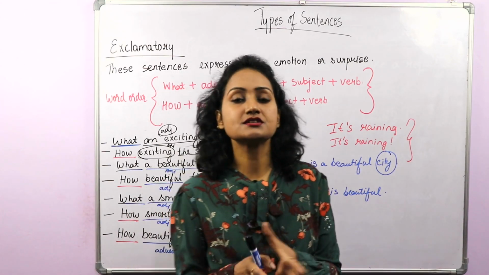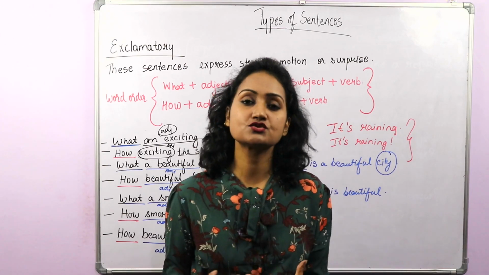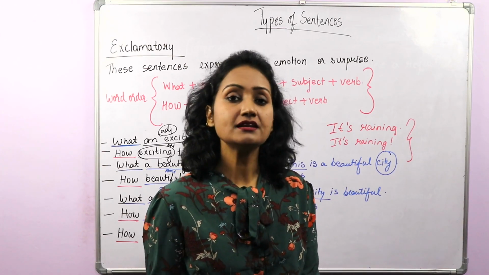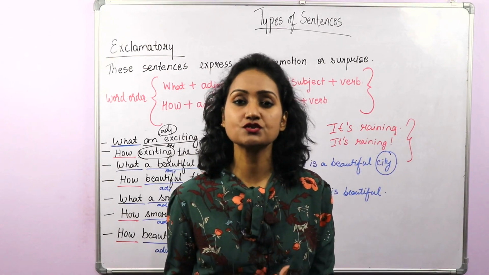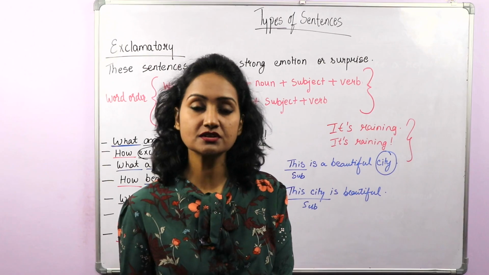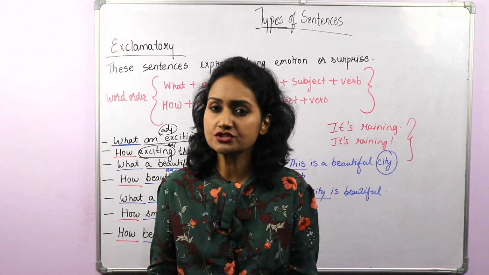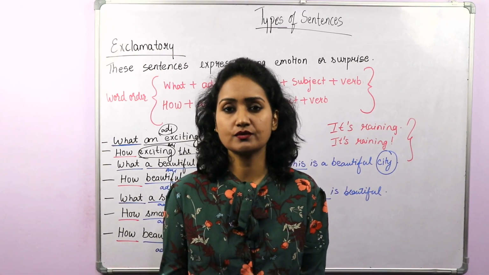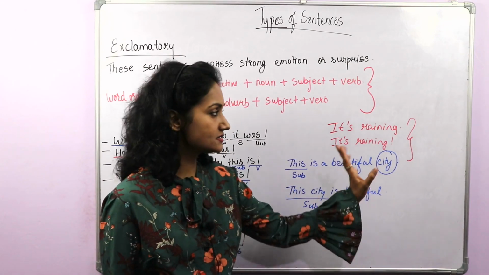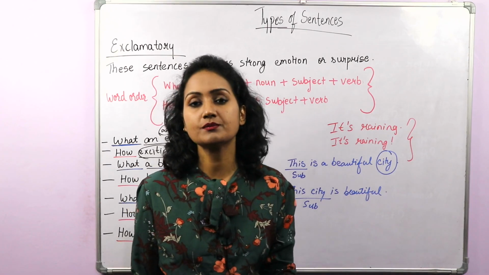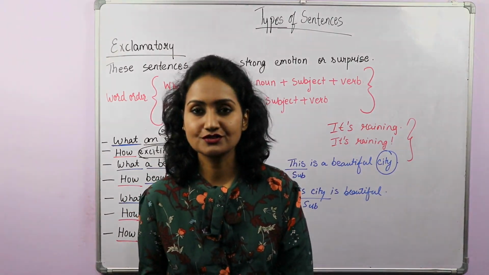So this shows the difference that when you have a strong emotion, then you use an exclamation mark, just to express your powerful emotion. So when you do not show any emotion, when you are talking normally or when you are writing a general or a common sentence, then you will end it with a full stop or a period. So this is the difference.